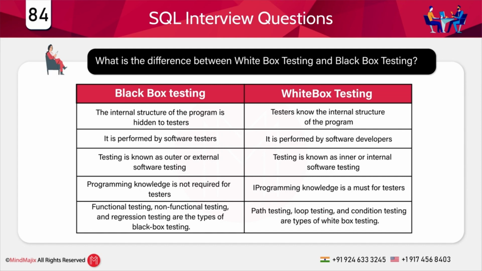In case of white box testing, programming knowledge is essential, since it is performed by developers. The last point over here is that functional testing, non-functional testing, and regression testing are the types of black box testing. And the various types of white box testing include path testing, loop testing, condition testing, and so on.